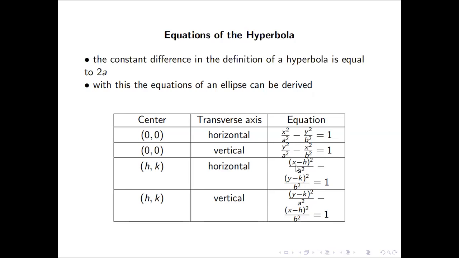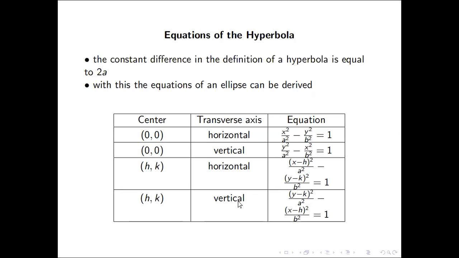Like in this case, x squared is the positive variable, so the transverse axis is horizontal. If y squared is the positive variable in the equation, then the transverse axis will be vertical. Same with this case. Y squared is the positive one here, x is the negative, so it's vertical.